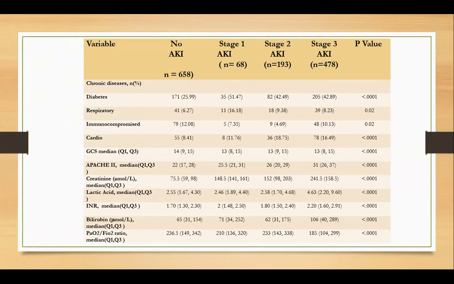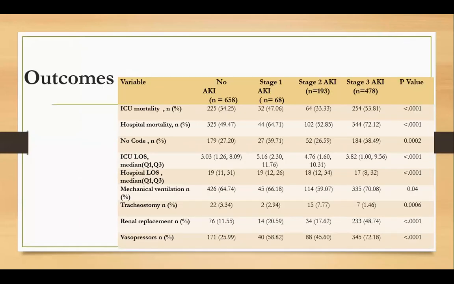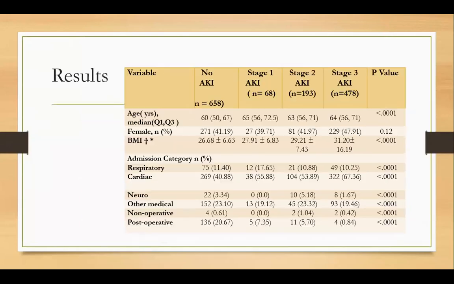What do you think about the BMI? Can you go to the previous slide? How do you explain that patients with worse acute kidney injury have higher BMI? Well, BMI in stage 3 was 31.2, while non-AKI was 26. It was statistically significant. So do you think the sicker patients are more obese?